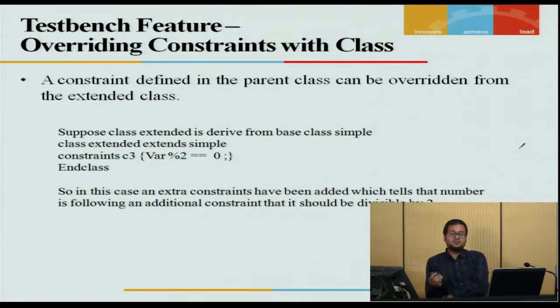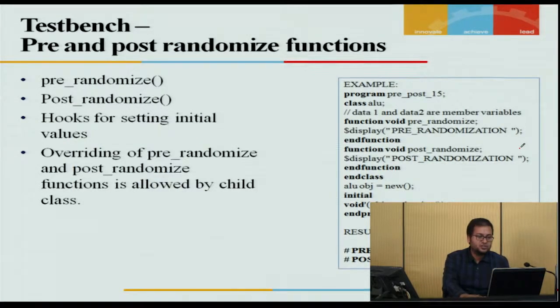That flexibility has been provided by SystemVerilog for the verification engineers. For example, if you consider the case that you have to have only an odd number or an even number, that constraint can be added, and only even numbers will be generated in this case. This kind of flexibility is provided by constraint randomization.